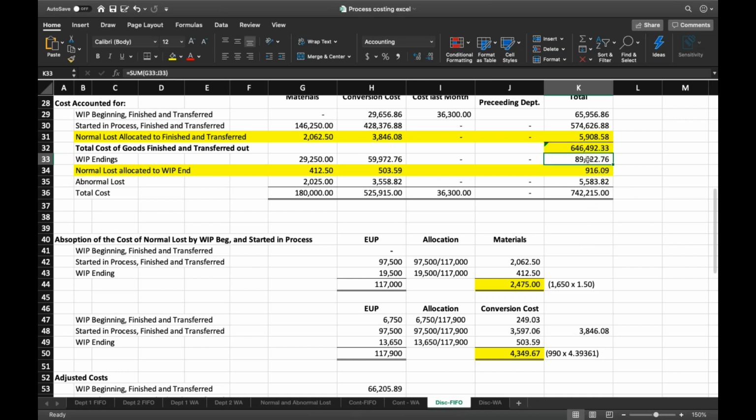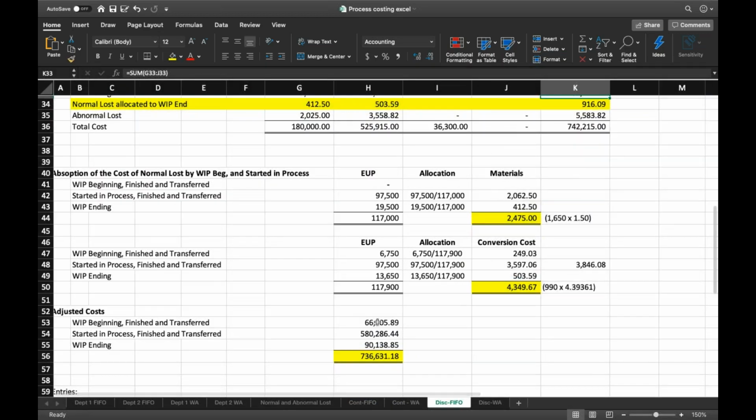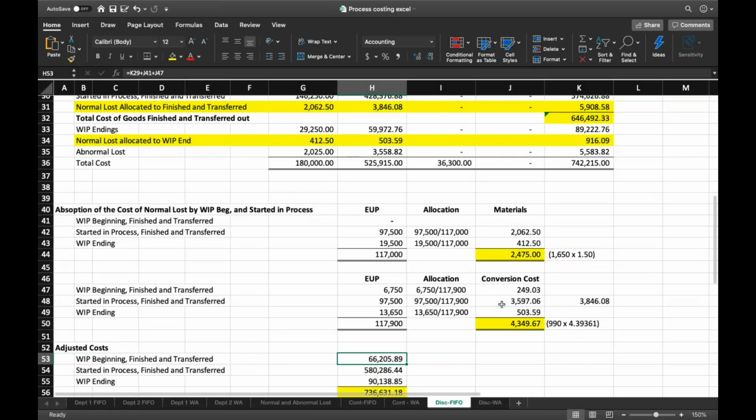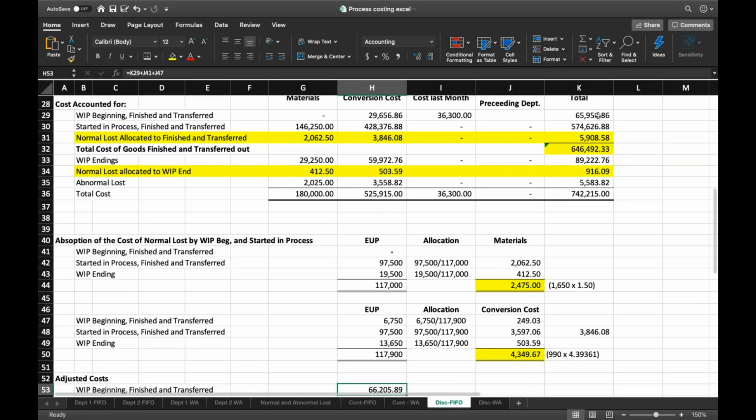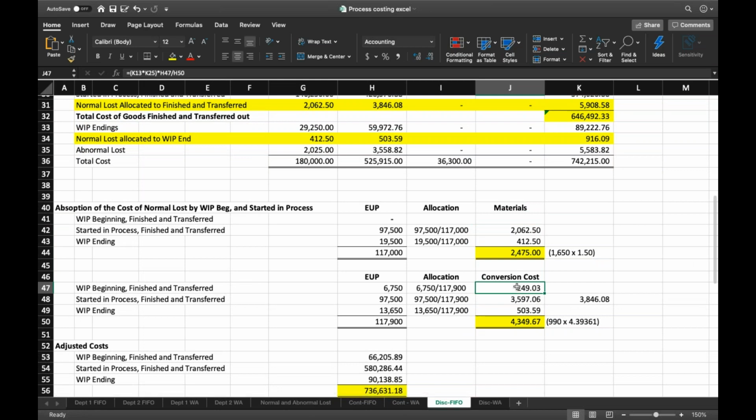We also have to adjust the 89,222. So our work in process beginning is 65 plus materials of 0 plus 249 equals 66.